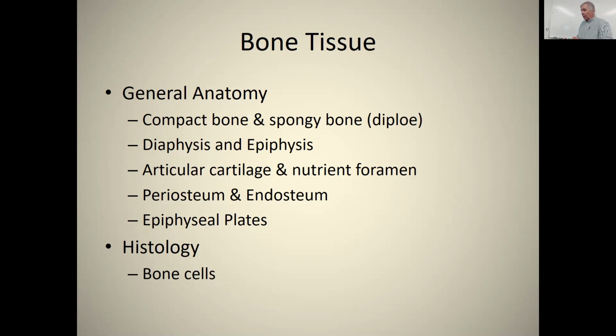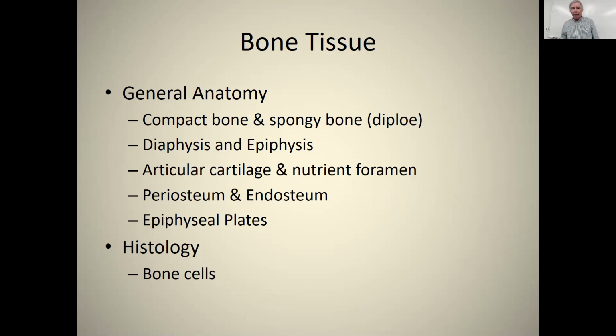Periosteum and endosteum. Periosteum is dense, irregular connective tissue on the outside of bone. Endosteum is, I think, dense, irregular on the inside, lining bone. And then the epiphyseal plates. We'll talk about those.